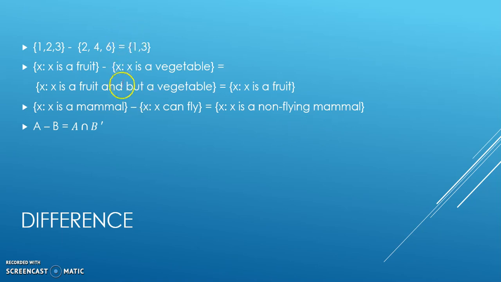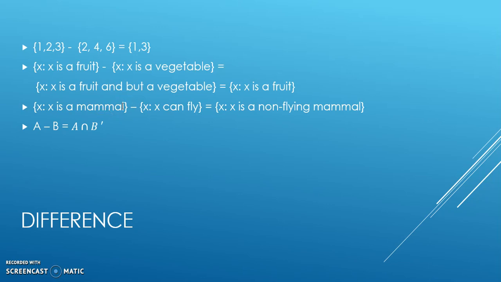Now, in the first and the third example, I want to point something out. The 4 was in the second set. 4 is not listed here in the difference at all. A goldfinch is in the second set. Goldfinch is not listed here at all. So the set difference is a subset of the very first set.